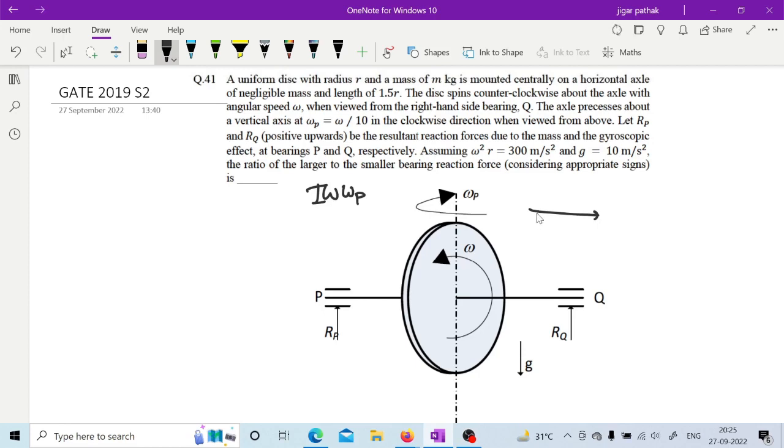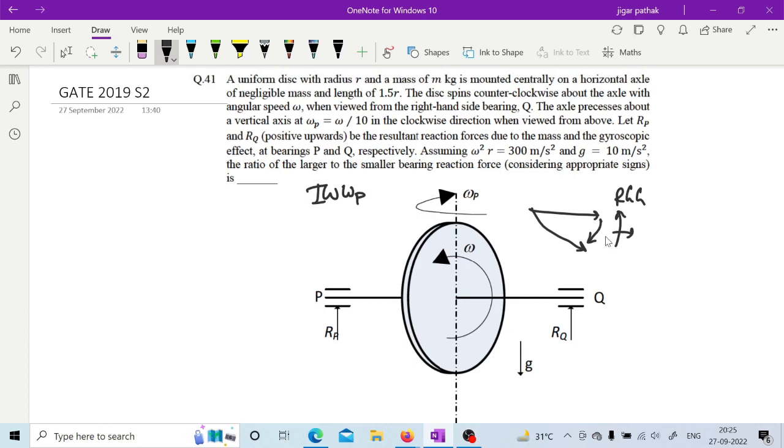Then it is having this rotational motion about this precession axis, right? And because of that you will have some reactive gyroscopic couple generated, right, which will again be in this direction.